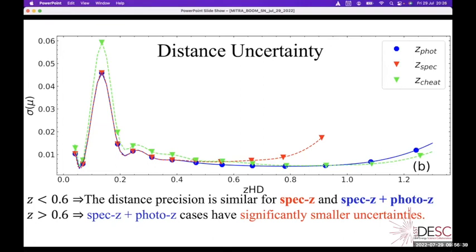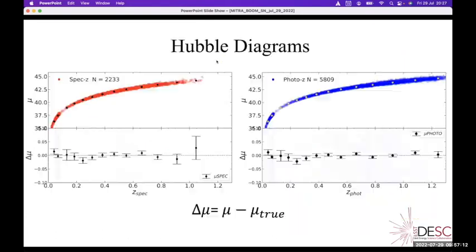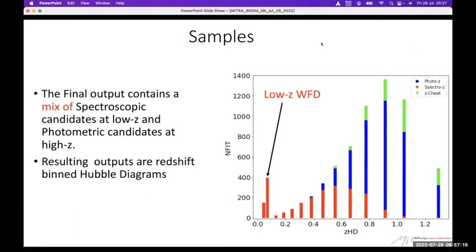Okay, so isn't that essentially a 1/square root of n type effect everywhere? Which part of that, can you please elaborate a bit? I guess I'm thinking that presumably there are more spectroscopic supernovae in the sample at lower redshifts than at higher redshifts. Is that what is giving rise to this Z-spec versus Z-photo effect?